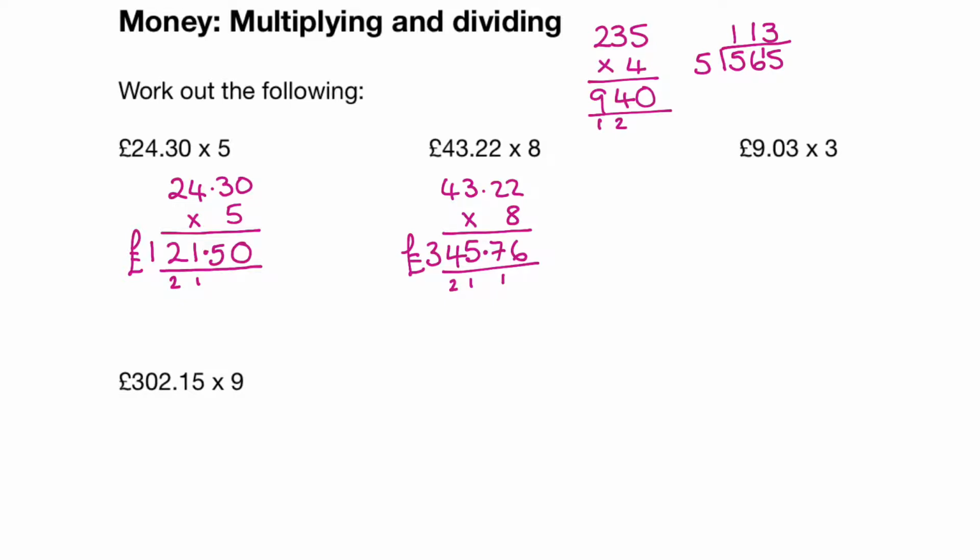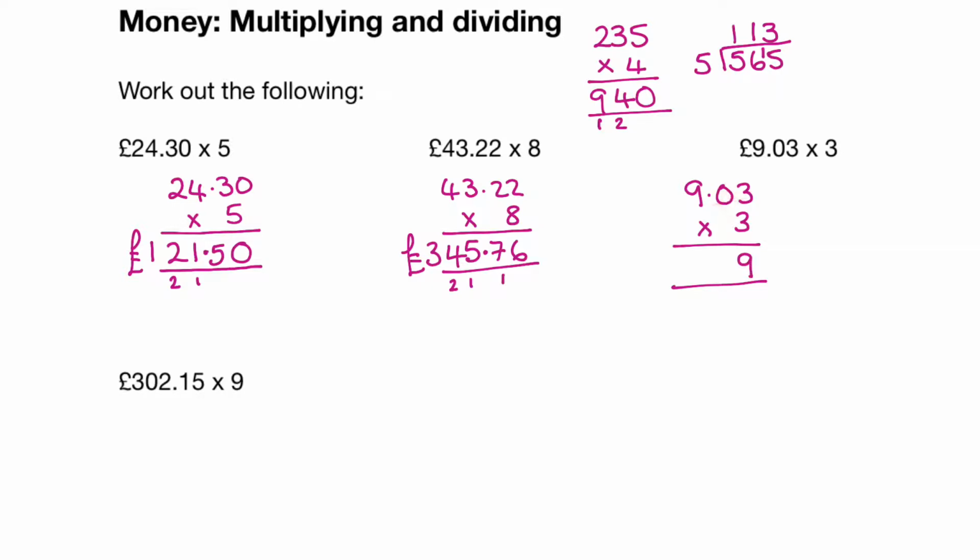The next one, £9.03 times 3. Some of you can probably do that one in your head. If you do £9 times 3 and 3 pence times 3, you would be able to work out that answer, I think. But let's just go through the same process as we're practicing it. So 3 times 3 to start with is 9, no carrying required.